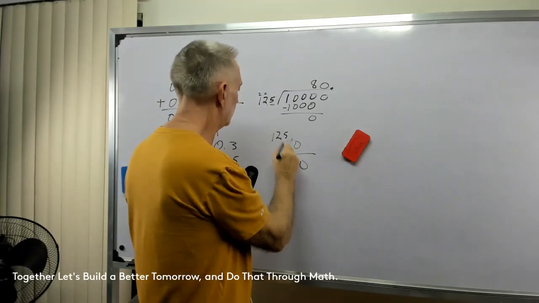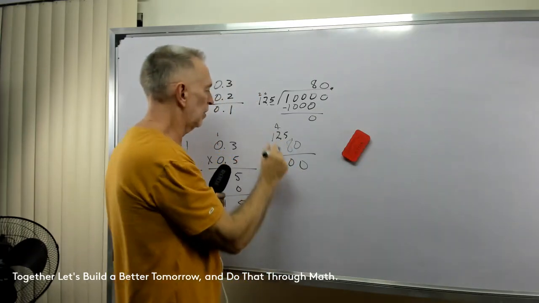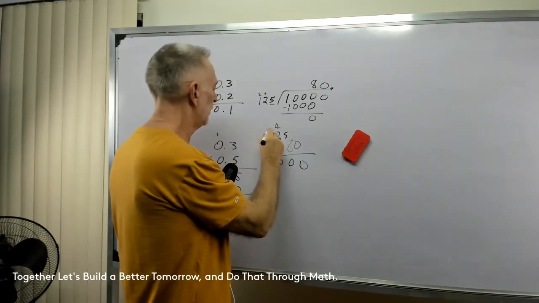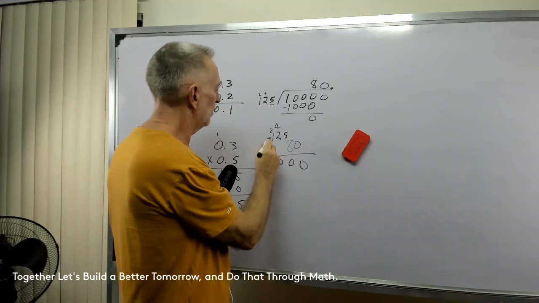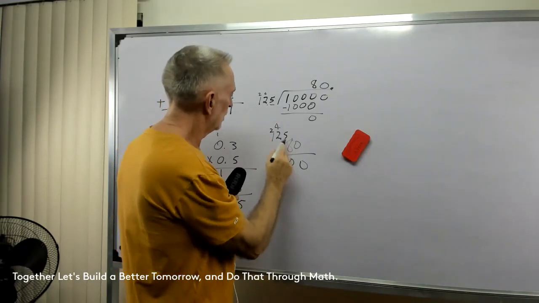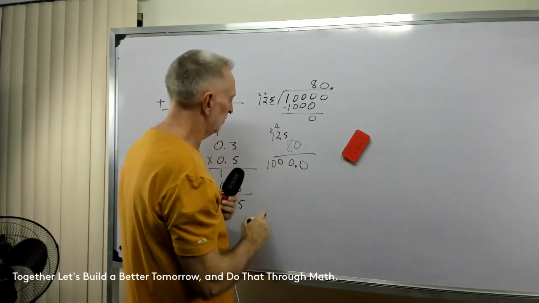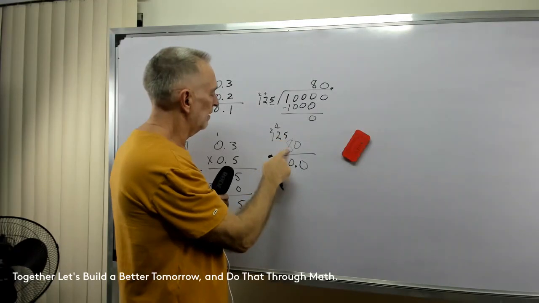8 times 5 is 40. Carry the 4. 8 times 2 is 16. Plus 4 is 20. Carry 2. 8 times 1 is 8. Plus 2 is 10. See, but I've got one decimal point. 12.5 times 80.